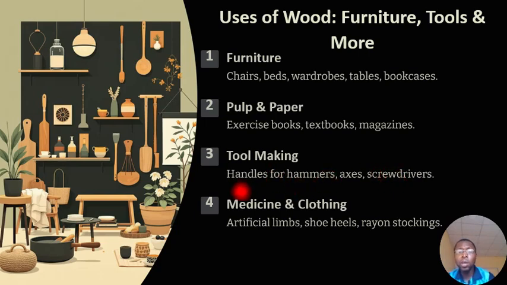Aside from tool making, we use wood in medicine and clothing. All right, when somebody has an accident and loses his limbs, there can be artificial limbs, which are made up of wood. We also have shoes that have wooden heels, right? And then we also use it for rayon stockings.